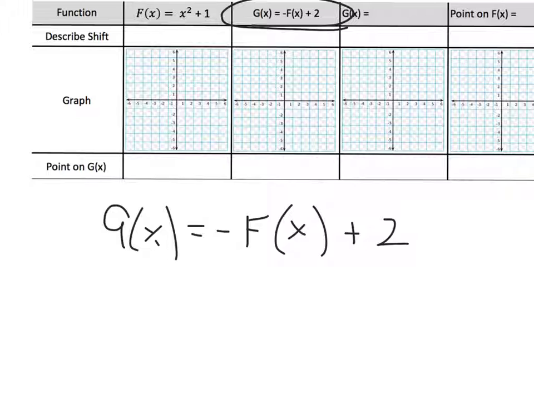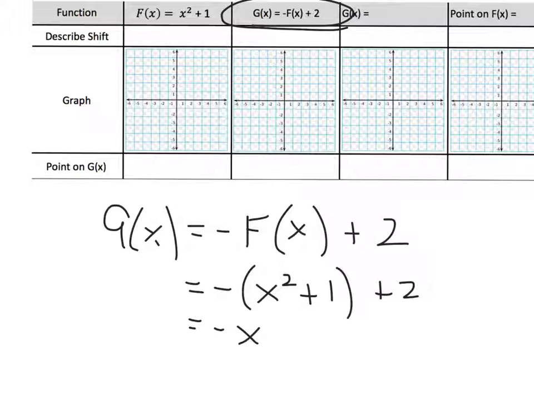And we know that f of x equals x squared plus 1. And that would be negative times the x squared plus 1 plus 2. Let's multiply the negative through, and we get negative x squared minus 1 plus 2. So g of x is eventually going to equal negative x squared plus 1.